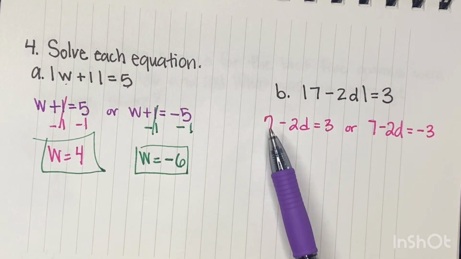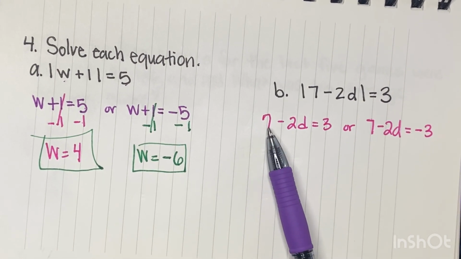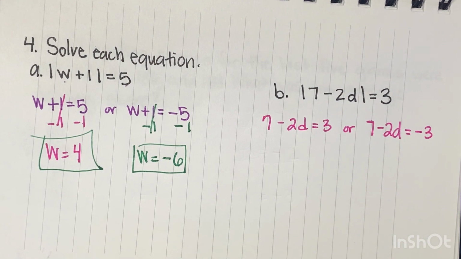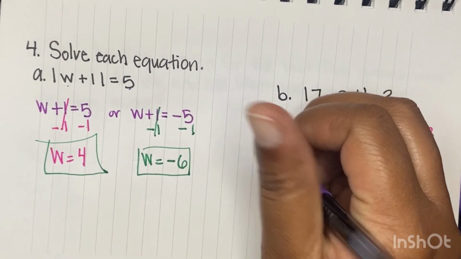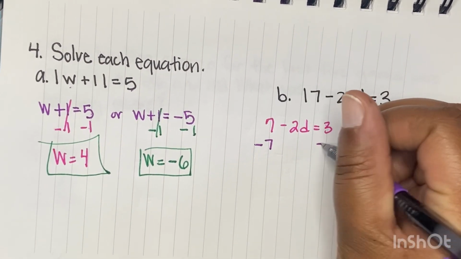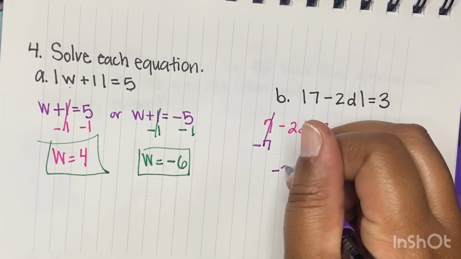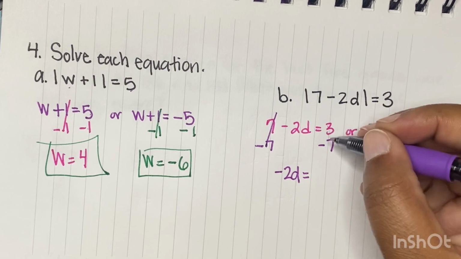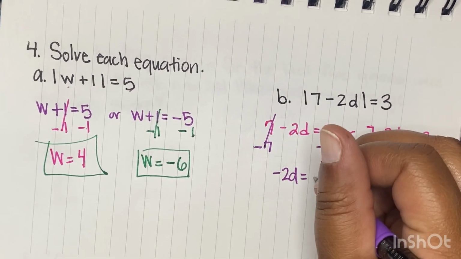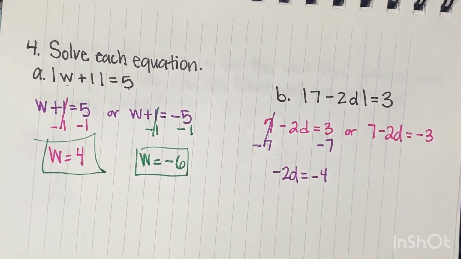That means we want to get rid of this 7. This is a positive 7. So if your brain is screaming negative 7, you're 100% correct. We're going to subtract 7 from both sides. We drop down our negative 2d, and 3 minus 7 gets us a negative 4.